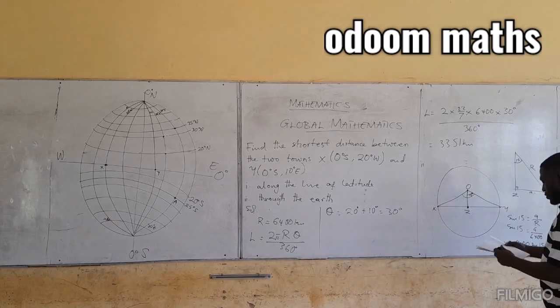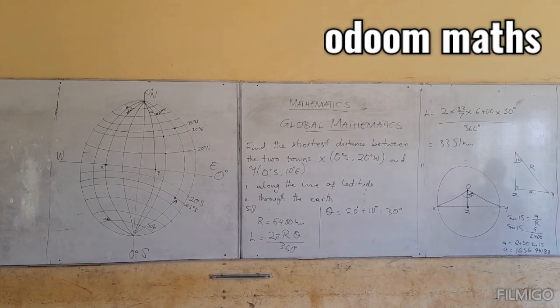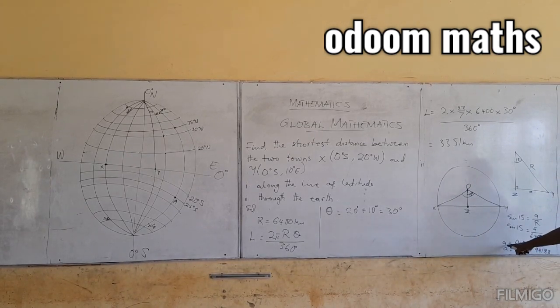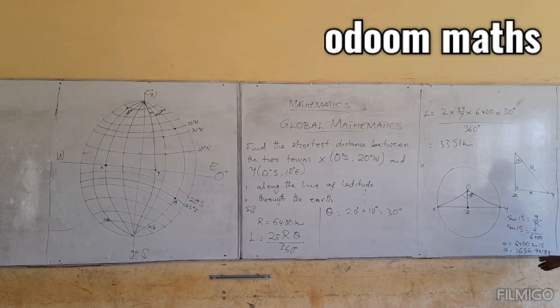On the calculator, A equals 6,400 sine 15, which gives 1,656.44188. So you can round this to 4 decimal places, and because of this, we change this last digit to 9.